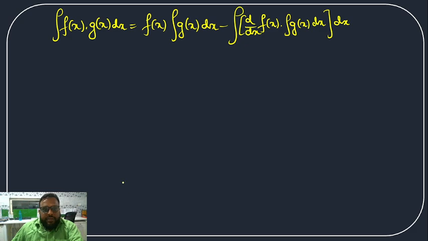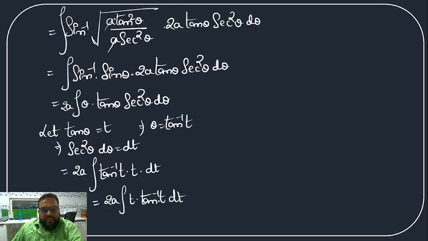So we'll apply this formula here. In this case, tan inverse t and t we have here. So tan inverse t will be f of x and t becomes g of x according to the ILATE rule.